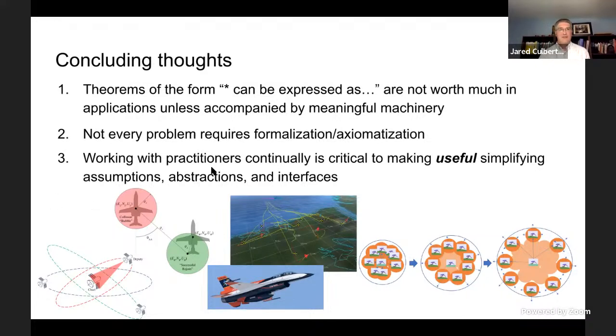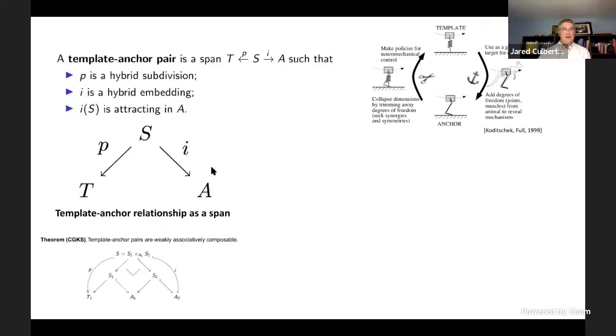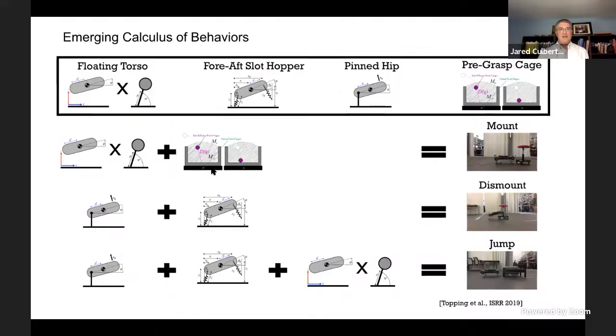If I go back to here, there was already a calculus going on that was begging for a formalization, and this was being asked for by the roboticists who were saying, we're doing this, it works, but if we could formalize it in a better way or a more expressive way, then we would be able to know what the extents are of where it will work and where it will fail.